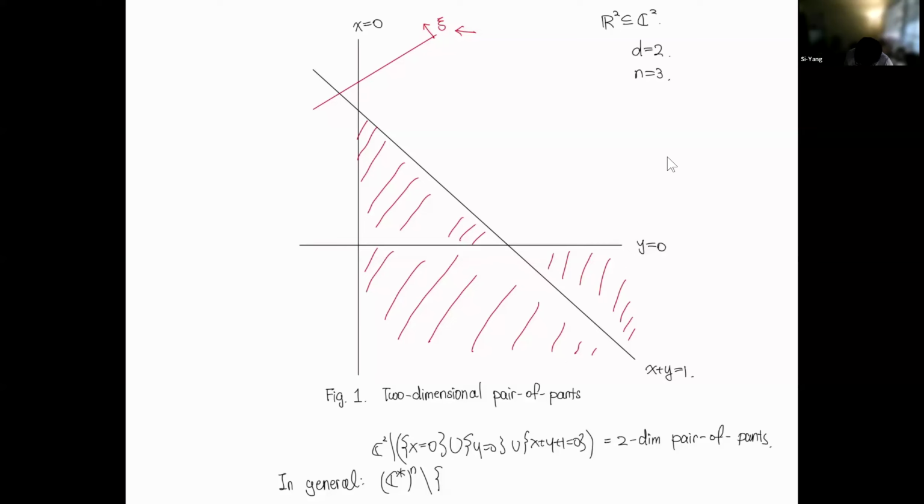The standard one is just x_1 + ... + x_n + 1 = 0, which is the n-dimensional complex pair of pants. The reason we call this is due to the work of Mikhalkin, where he proved that given any complex hypersurface inside (C^*)^n, you can find a decomposition where each piece is exactly isomorphic to one such object.